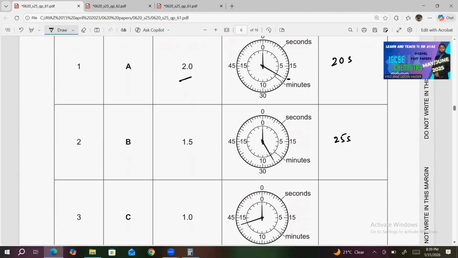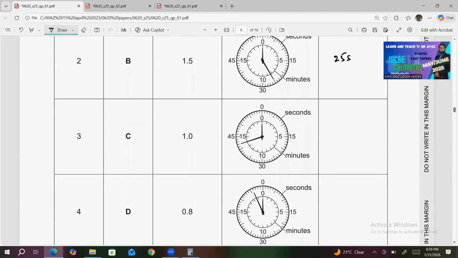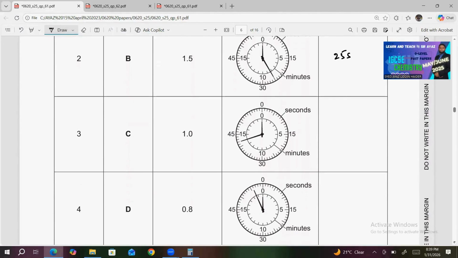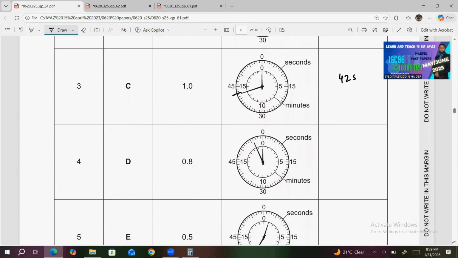For experiment 3 with acid C, concentration of 1 mol per dm³, we have 42 seconds. If you look at this, we are having 42 seconds here. Experiment 4 with acid D of concentration 0.8 mol per dm³, we are having 56 seconds.